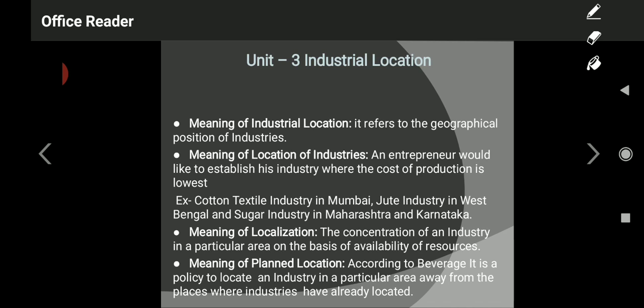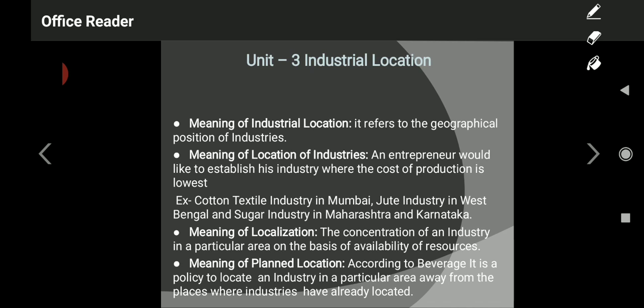That is the most important question in front of you if you are a businessman or an entrepreneur, for example. Here the question before us is: an entrepreneur would like to establish his industry where the cost of production is lowest. Our first focus is on the cost of production when it comes to location of industry.